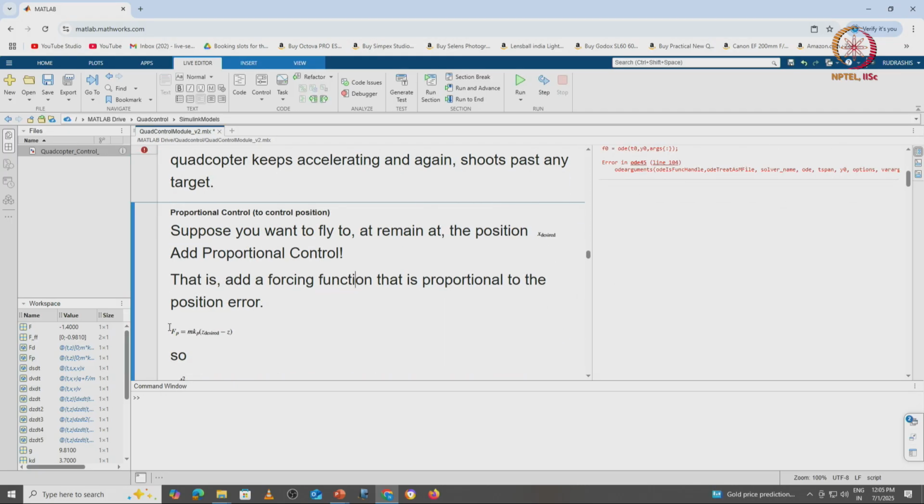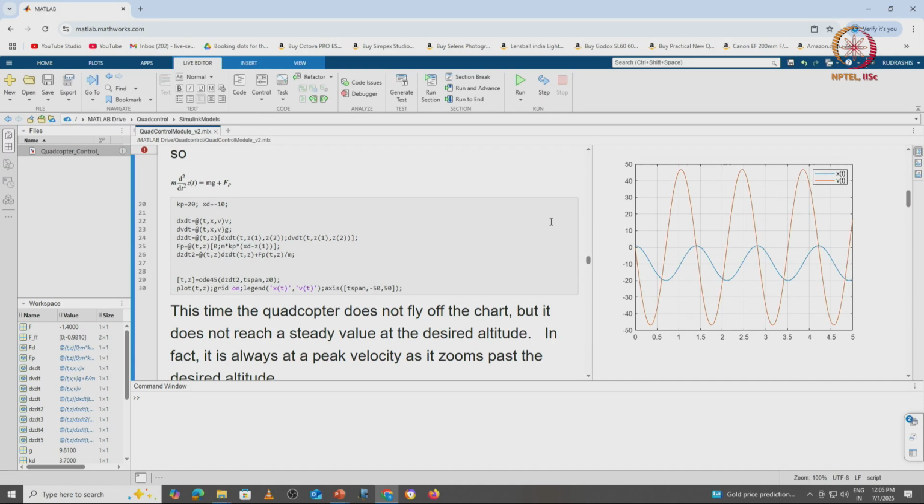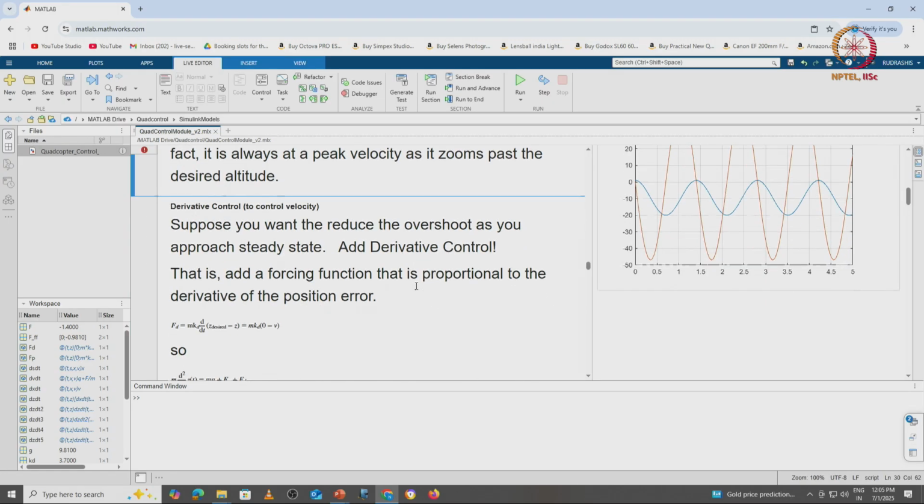Now I want a simple proportional controller, Kp times desired minus actual. Suppose I implement a simple proportional controller: you see the position is neutrally stable, it starts oscillating, so it is not sufficient. I need to bring my derivative controller into the picture so that I can control the responses of the system.